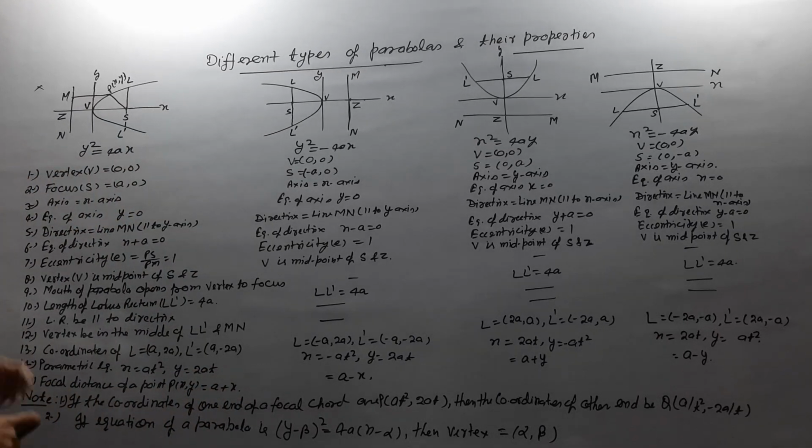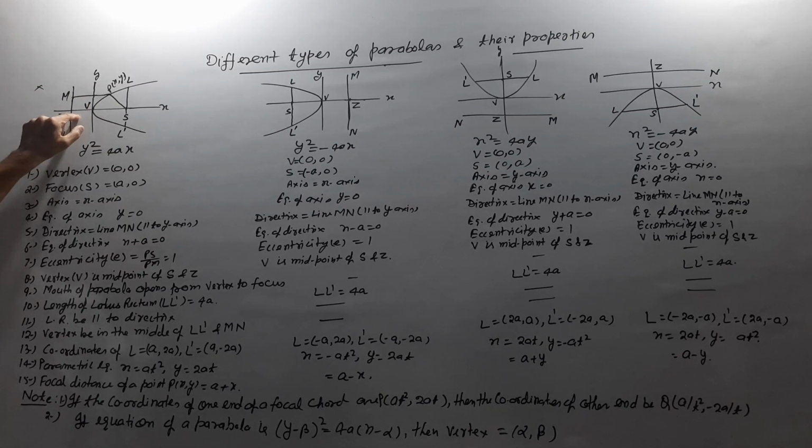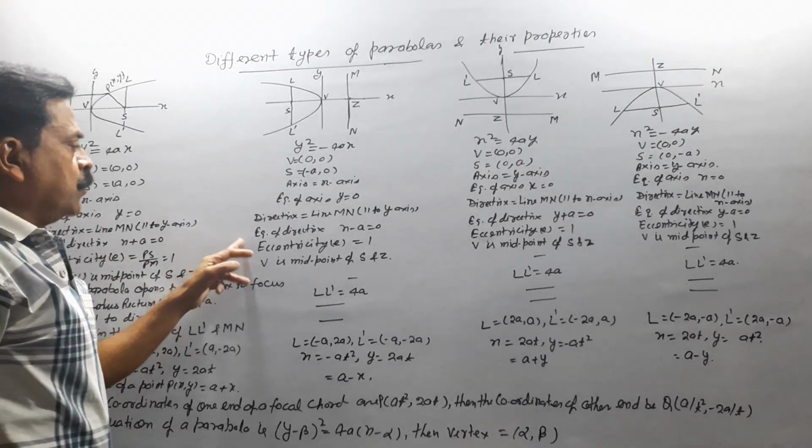Equation of the directrix. When the equation of the parabola is y square equals 4ax, the directrix is x plus a equals 0, because this line MN is to the left of the y-axis, left of the origin, at a distance of a units. So this equation is x plus a equals 0.